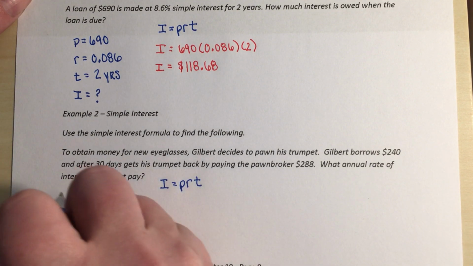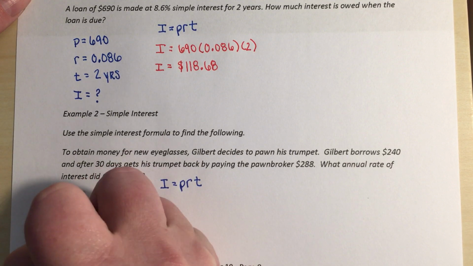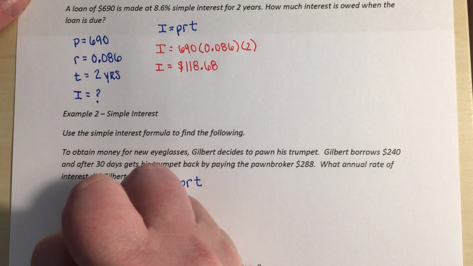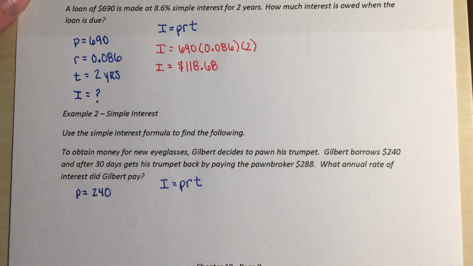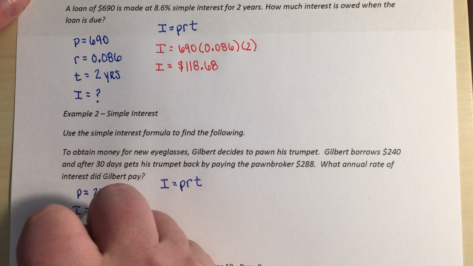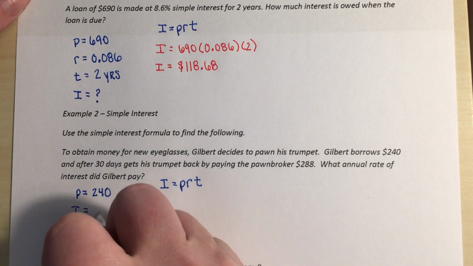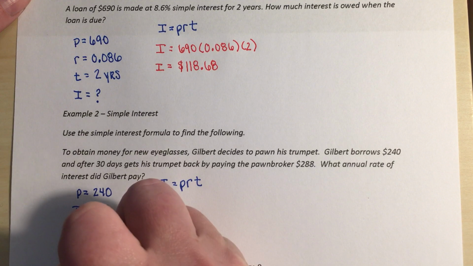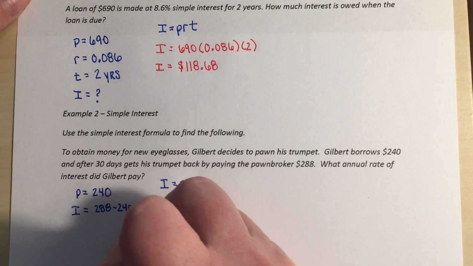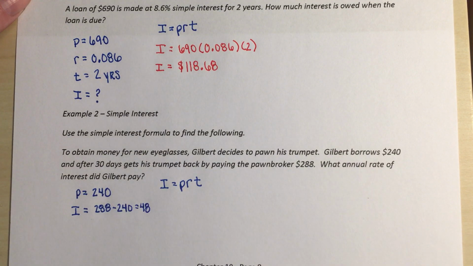We're going to start by making a list of things that we know. The principal is $240. That's what was borrowed. Our interest, well, we're told that he pays back $288. So we're going to take 288 minus 240 to get $48 in interest.